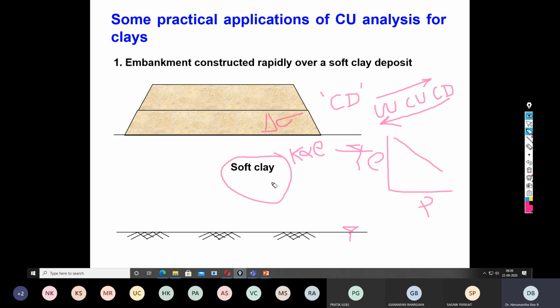When the permeability is low, even if the groundwater table rises to the ground surface, we can't expect the entire volume of the soil mass to be fully saturated again. It may or may not, depending upon the K value and the consolidation that took place. Therefore, there is a small degree of reversal from CD to CU, but not complete.